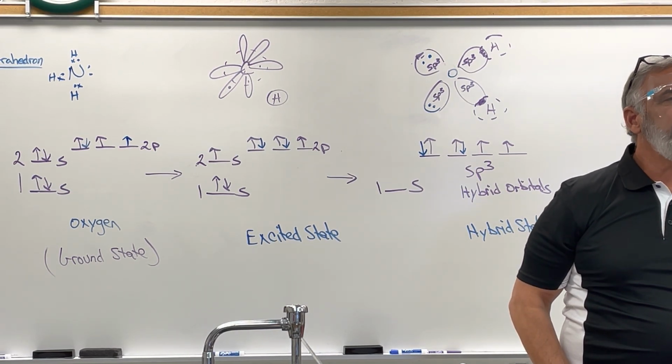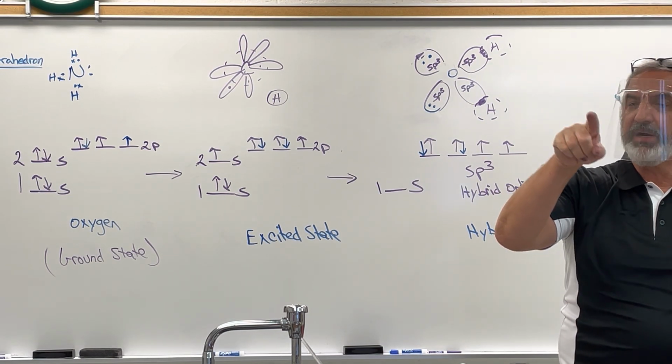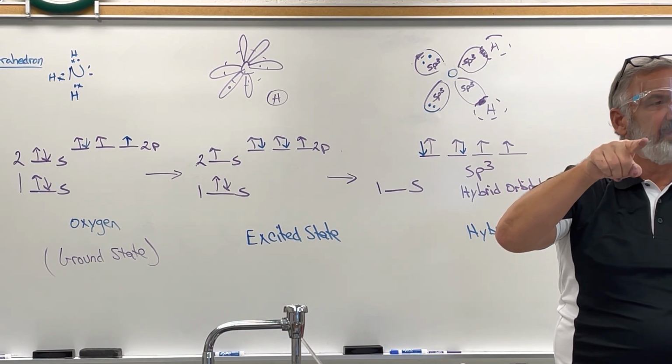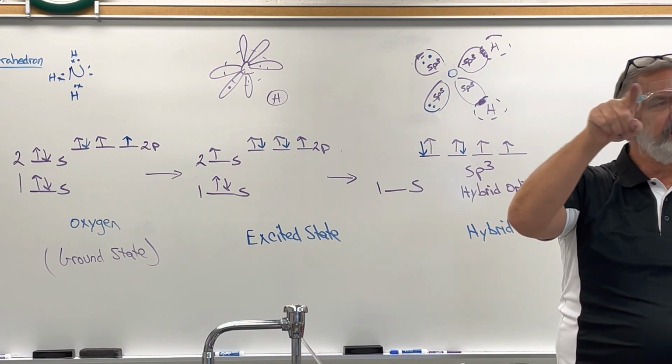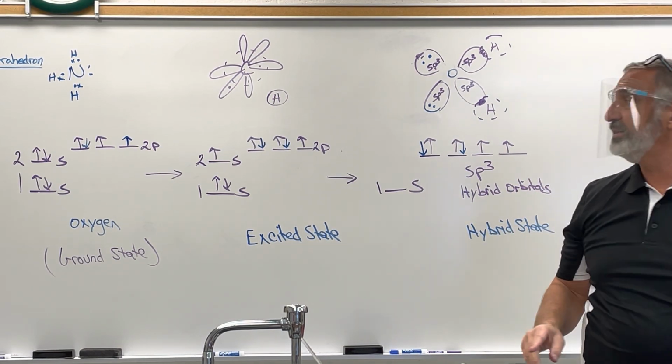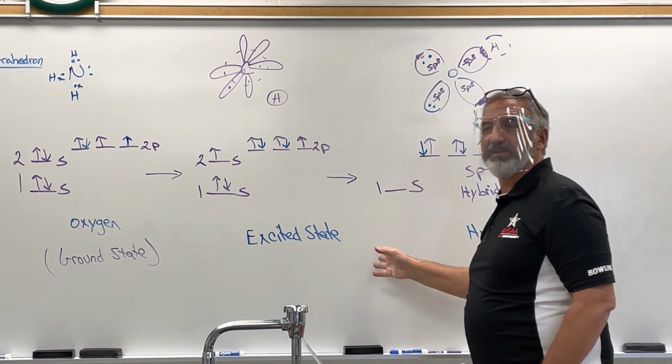But it's sp3 hybridization. Anytime you have 4 pairs of electrons around the central atom, either all bonding or lone pairs, with no double or triple bonds, it's going to be sp3 hybridization.